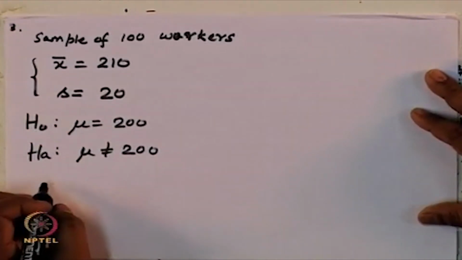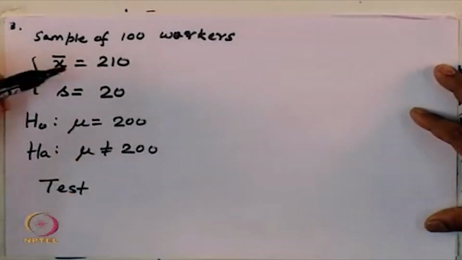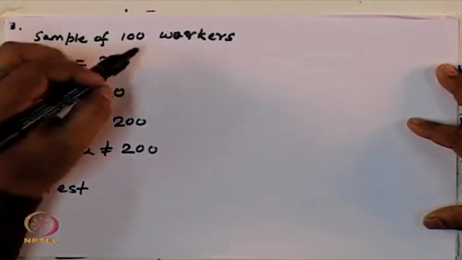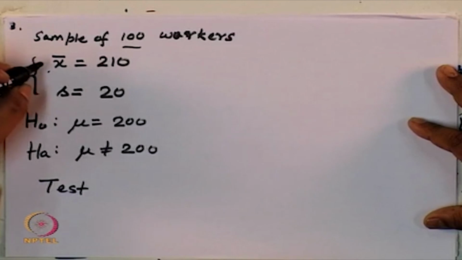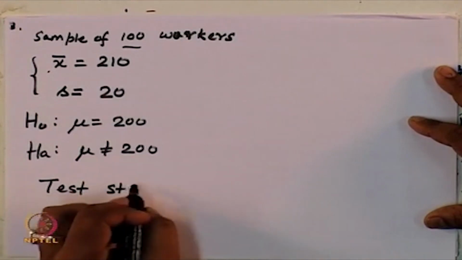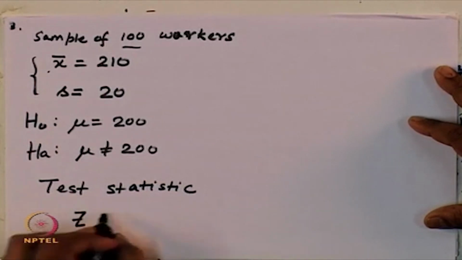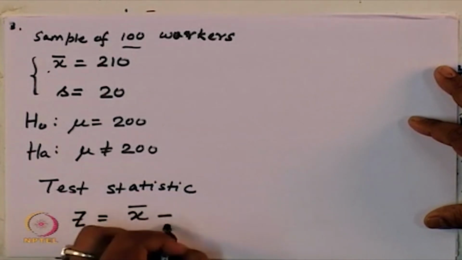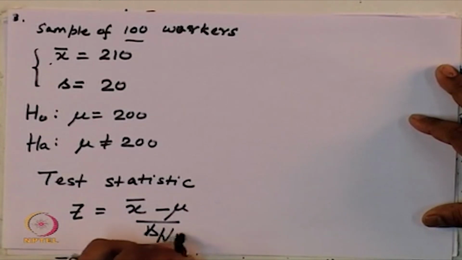For this we use a test statistic. We know that when your sample size is large, and n equal to 100 qualifies as a reasonably large sample size, then I can write that x bar is a normal distribution. So, we can write this test statistic z as x bar minus mu divided by S by root of n.